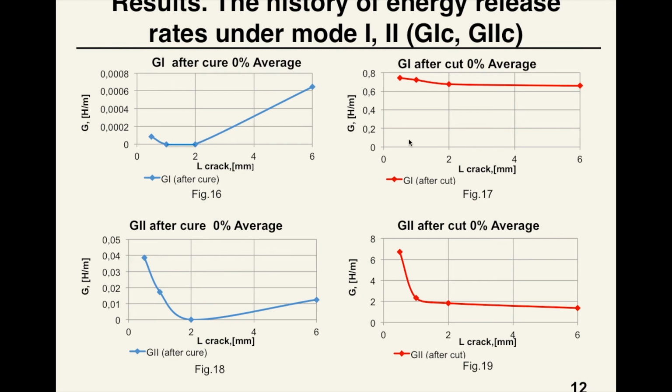It should be noted that the length of the initial defect in the sample does not significantly and not quite explicitly affect the energy release rates G1 and G2, with the exception of the energy release rate in mode 1 during the manufacturing process.